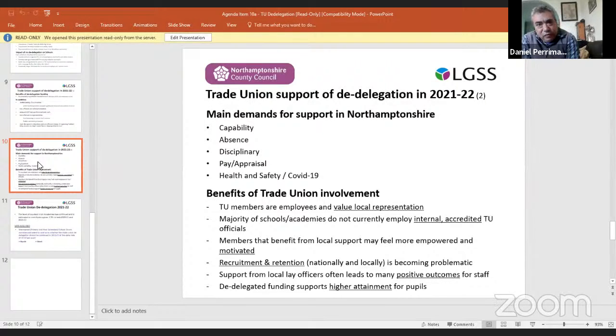It's been really trying for all of us, and I would like to say that without the facility time that we get, I don't think it would have been so smooth and helpful for all of us, because I think the communication was there between unions and NCC and as many schools as we can help about. It supported our members, and I think it also supported the schools really well in that aspect.